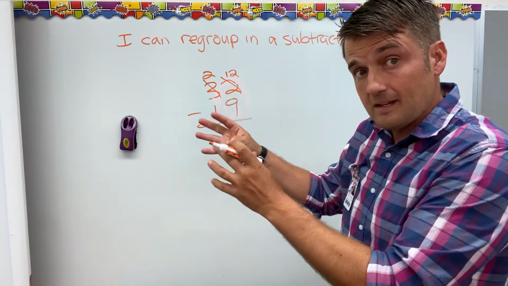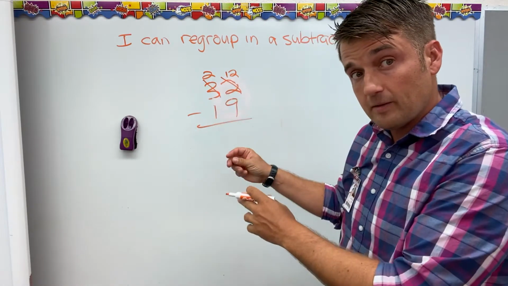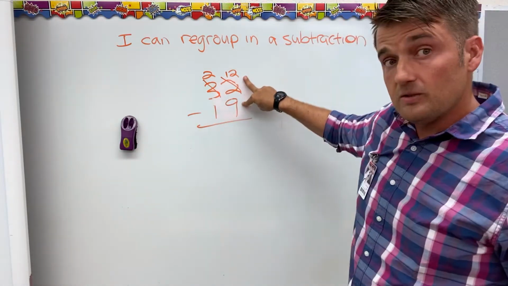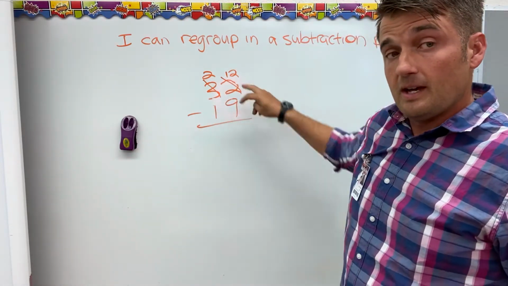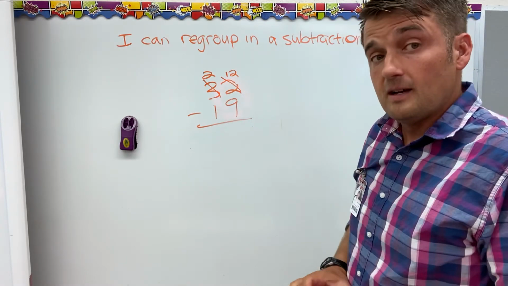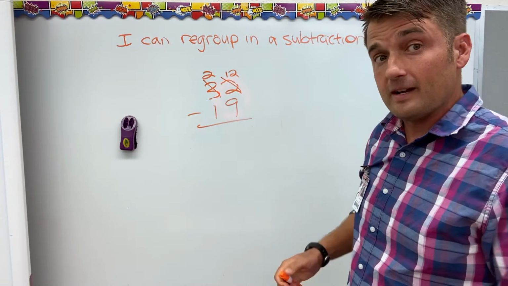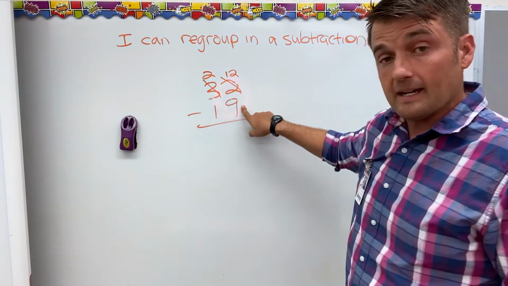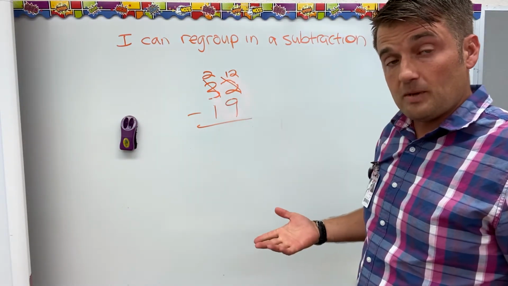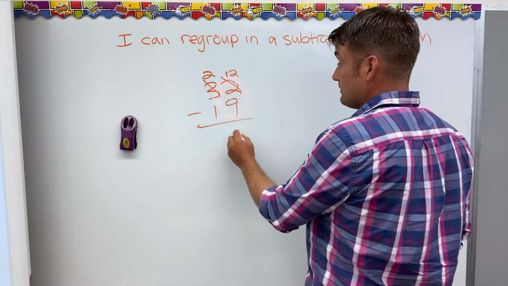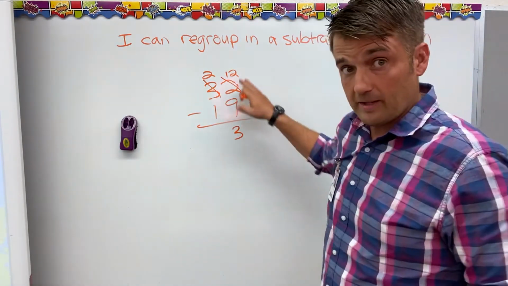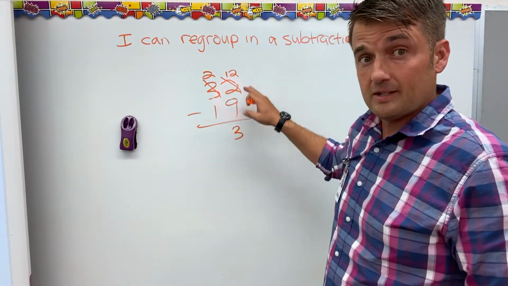So I just moved 10. I grouped it in a different place. Now I can do this. If I have $12 and my friend asks me for 9, I can give him some of mine, right? So 12 minus 9 would leave me with 3. So 3, not the 7 that we did earlier when we just did 2 minus 9.